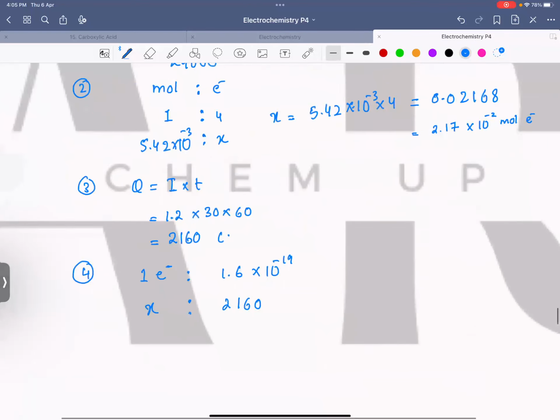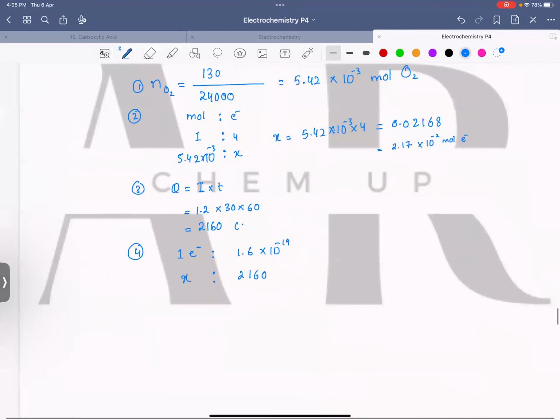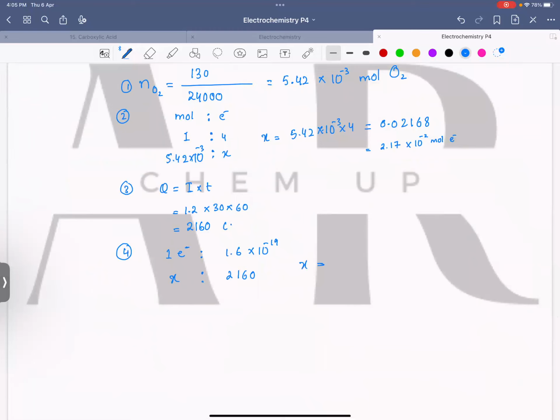Okay, so yes, what is the answer over here? So x is equal to 2160 over 1.6 exponent -19. 1.35, there is no other figure after 35.